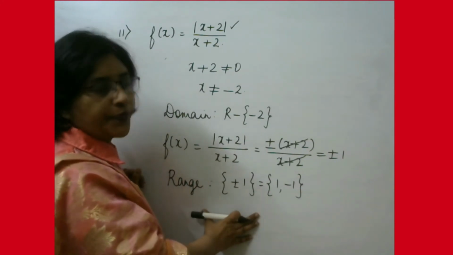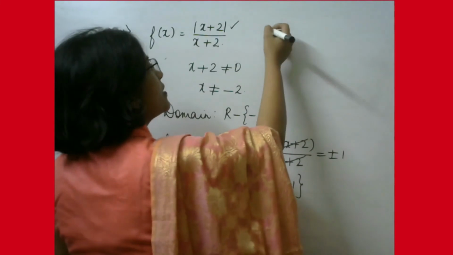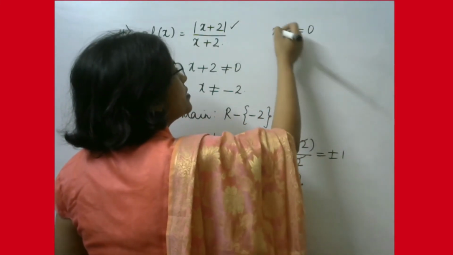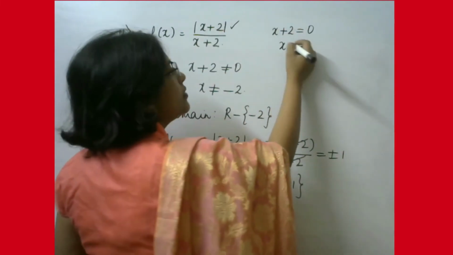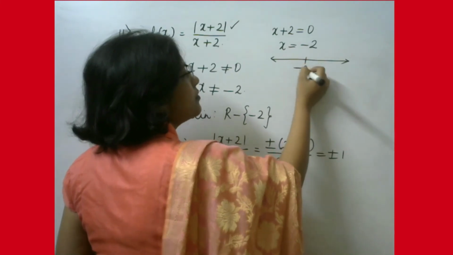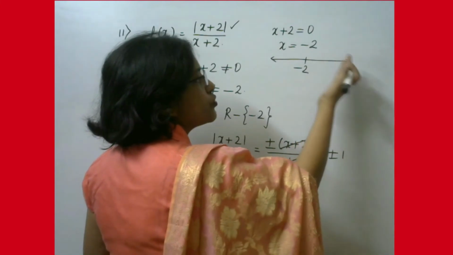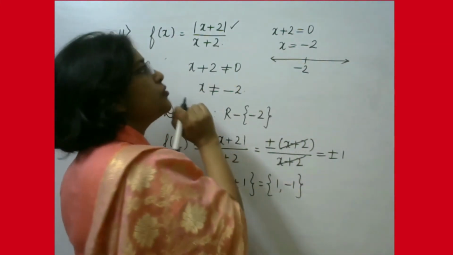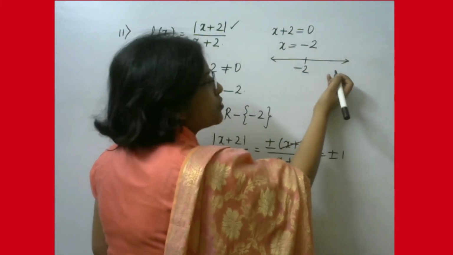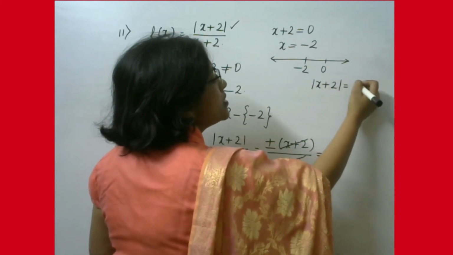Only this much. Now for this part, if you want to understand it in another way, for modulus, the critical point, I'm talking about the numerator, is minus 2. So we have the number line in two parts, minus 2 to infinity and minus infinity to minus 2. If you take a value bigger than minus 2, let's take 0, then modulus x plus 2 will be 0 plus 2.